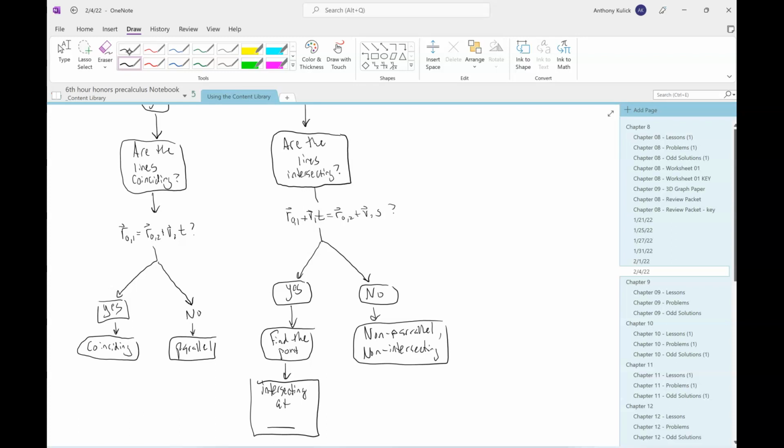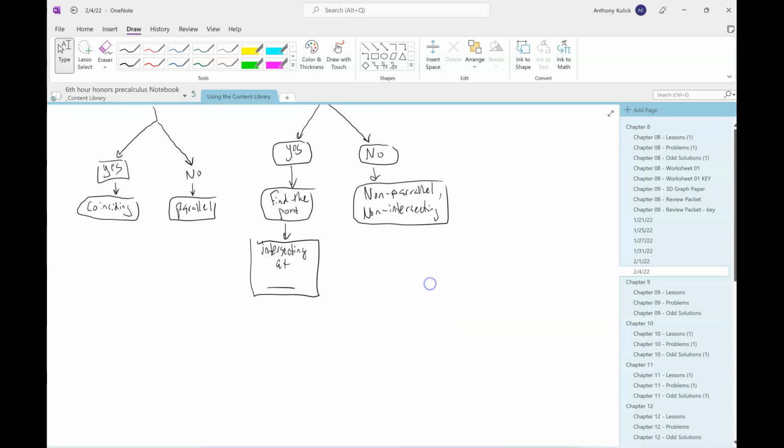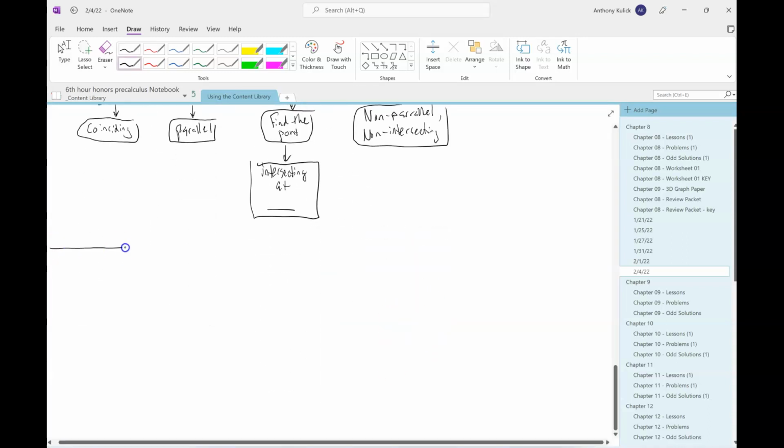Okay. We good to do some examples in here? All right. So I'm just going to write down the equations for the lines.